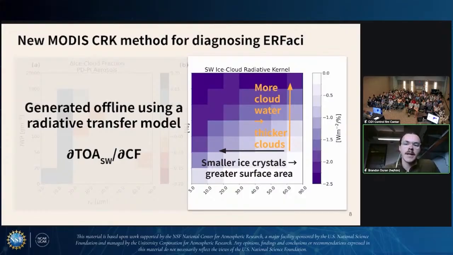And on the right, this is showing that as you move from the bottom to the top, you're moving to clouds with more cloud water, which are thicker clouds, which reflect more incoming shortwave radiation. And as you move from right to left on this plot, you're moving from bigger ice crystals to smaller ice crystals, so you're increasing the surface area and the albedo, enhancing the reflectivity. So that's a very brief overview of this method, and I'll jump right into the results here.